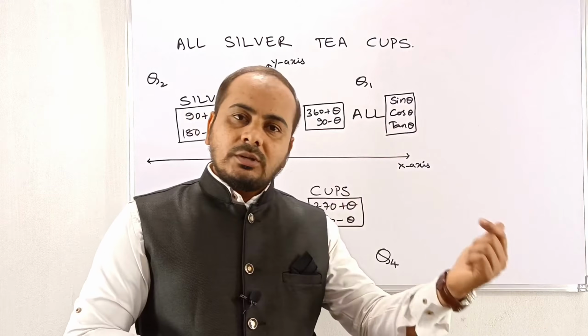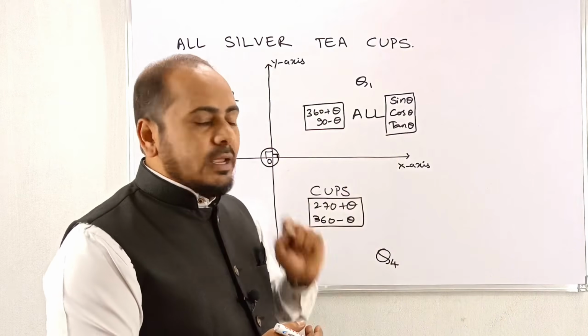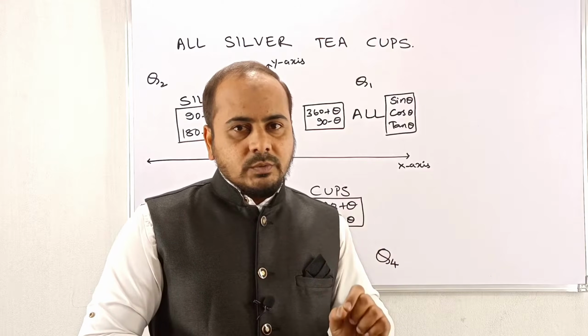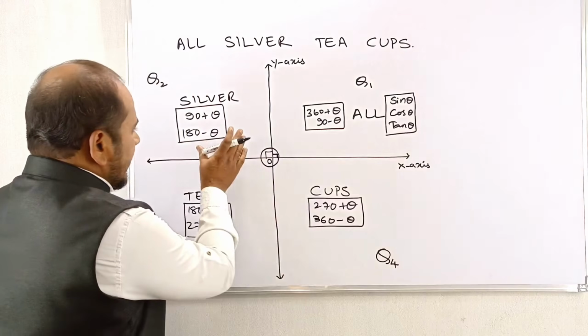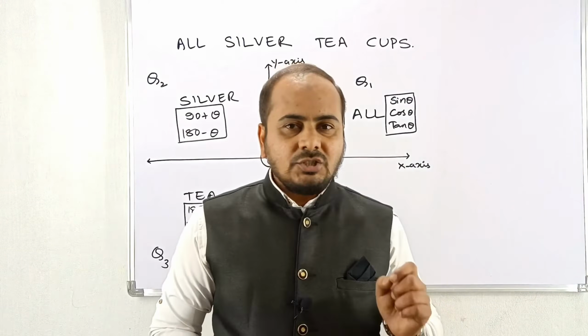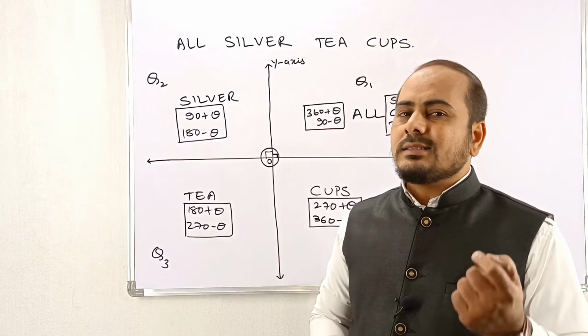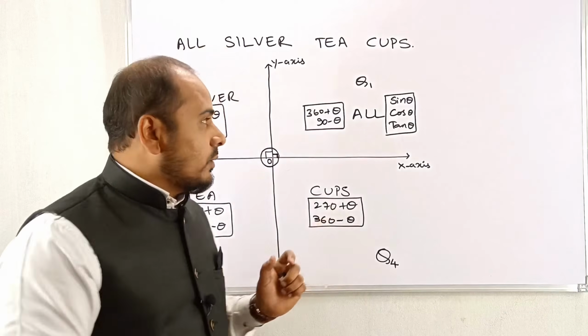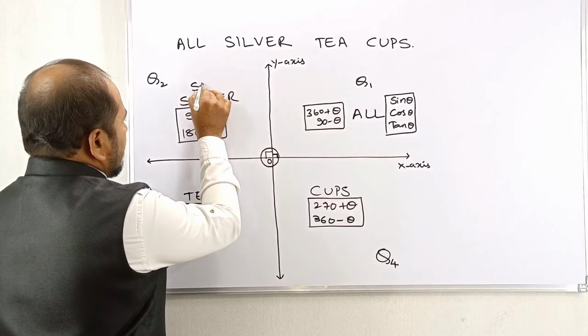If cos is positive, its reciprocal sec is positive. If tan is positive, its reciprocal cot is also positive. Clear? Now come to the second quadrant. Here silver. Silver is a short form we took for sin. So sin theta.